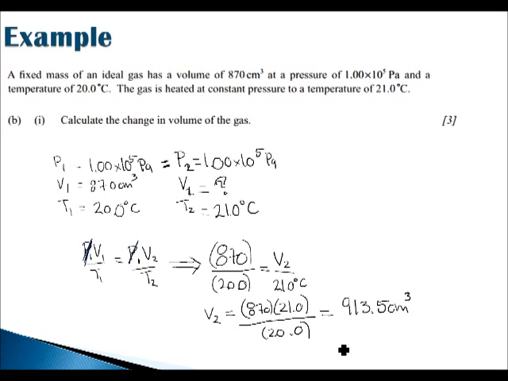And if we want to round that to the lowest number of significant figures, this is considered 3 significant figures, because let's say these zeros were all measured values and not rounded. So if we round that, we get 914 centimeters cubed. Okay, very similar to the first equation, the only thing is there's a constant term, so they cancel out.